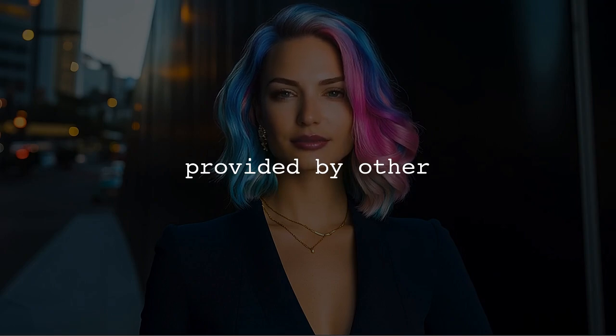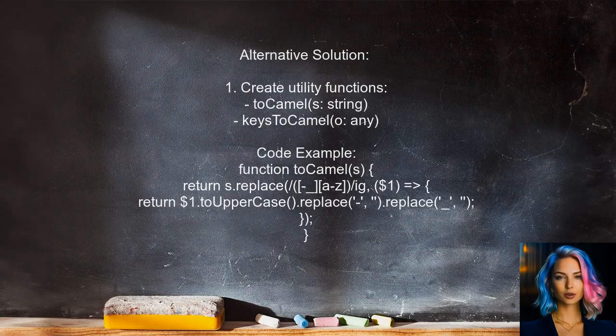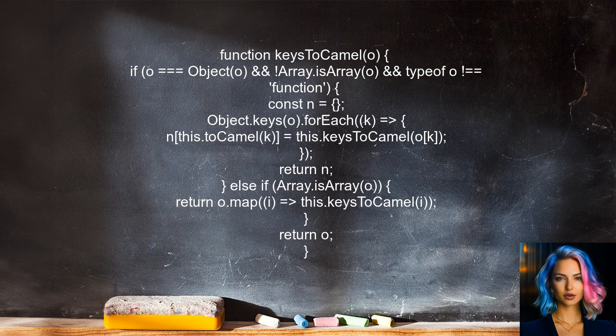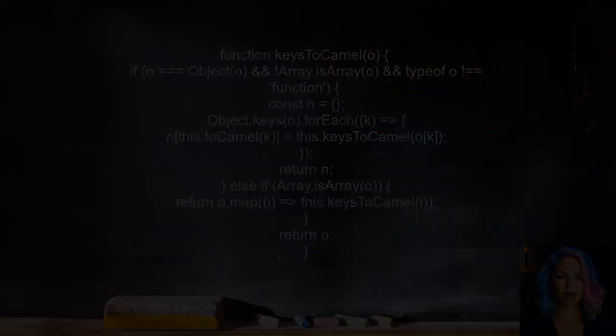Now, let's look at the answers provided by other users. An alternative solution involves creating utility functions to convert snake case to camel case. The user defines two functions, toCamel and keys2camel. The toCamel function transforms individual keys, while keys2camel processes objects and arrays recursively.